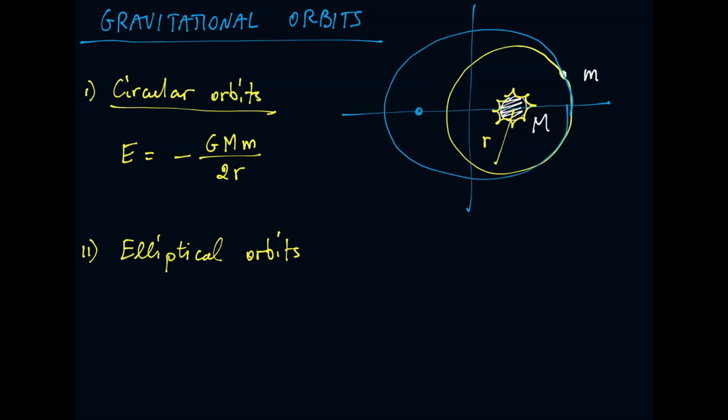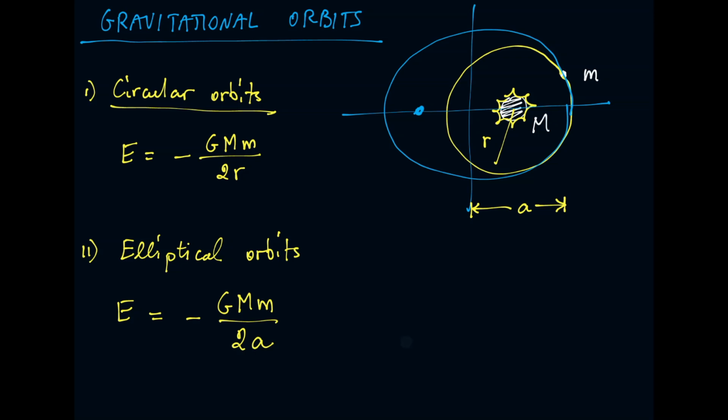Where this is an ellipse and the two foci, one of them is occupied by the sun, and the energy in that case was a very similar expression with the same structure, but with A in the denominator, where A is the semi-major axis. So if we're talking about an ellipse, this is A, okay? So half of the width of the ellipse when we put it sort of on its wider side.